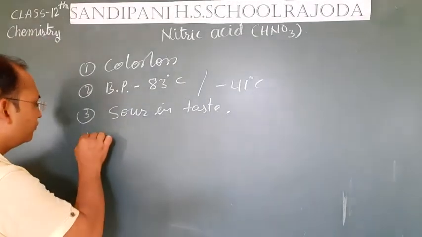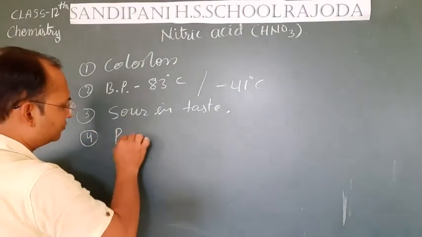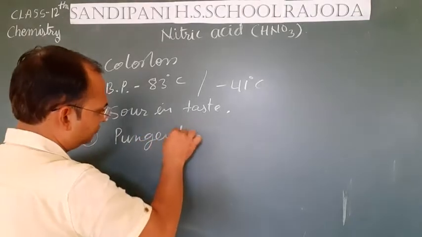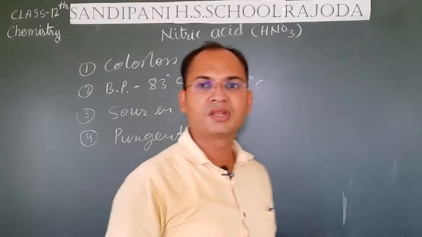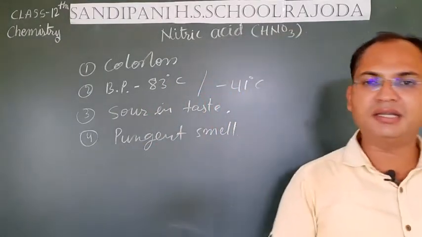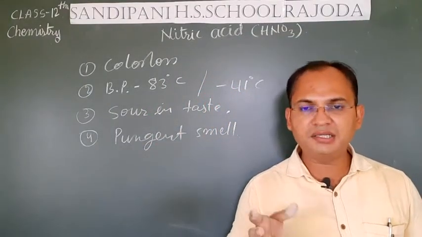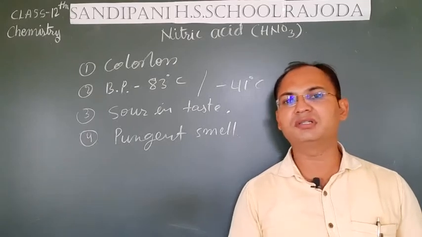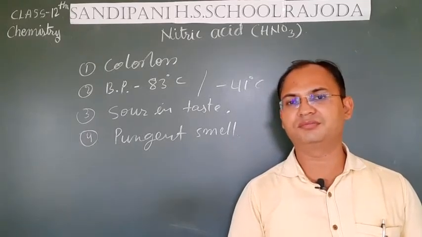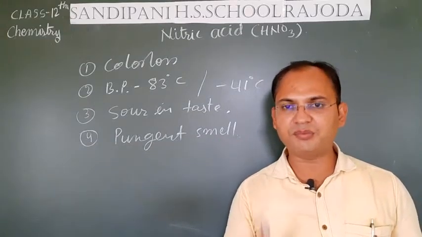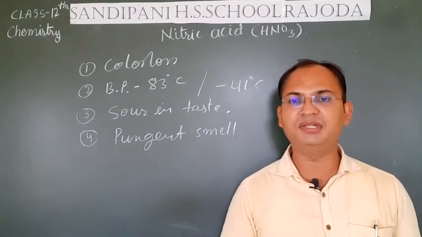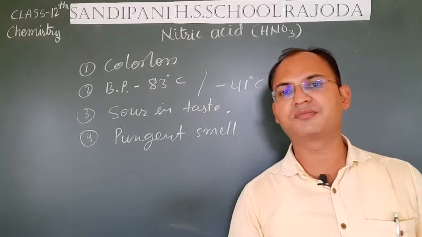So the fourth property is pungent smell. As it is an acid, it can produce blisters whenever it touches our skin, because acids have the property to produce blisters on the skin.